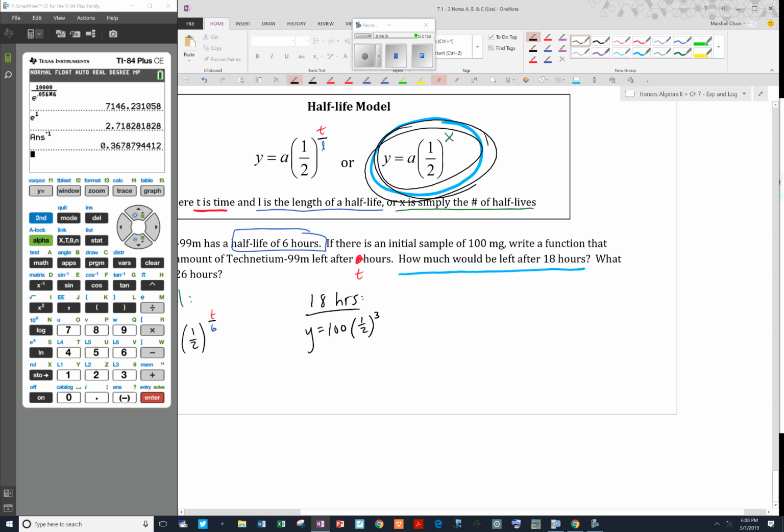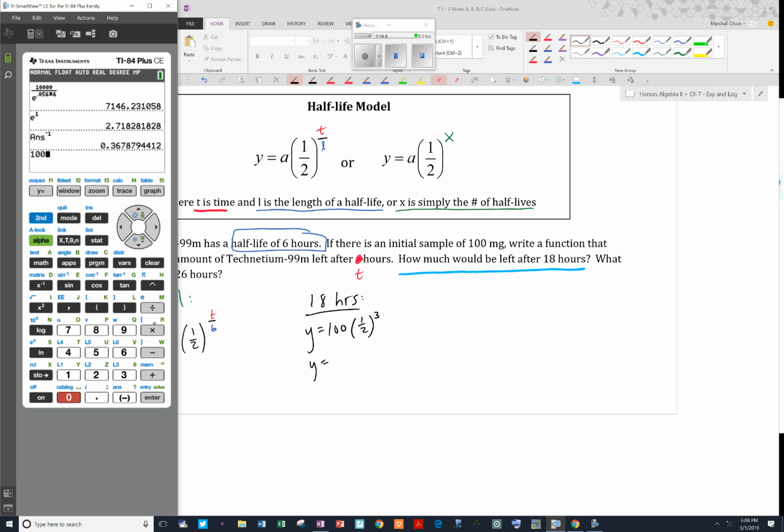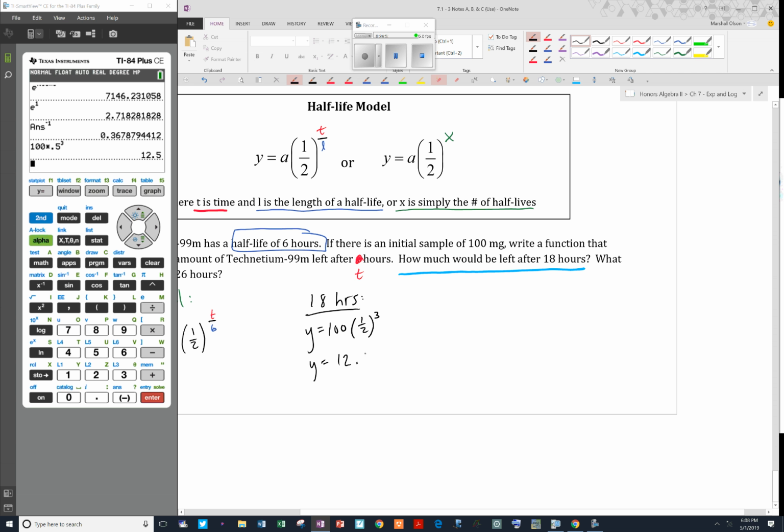I'm really using this concept. And basically throw it in my calculator: 100 times 0.5 to the third. And we get 12.5, which I actually said before. So there'd be 12.5 milligrams left after 3 half-lives.